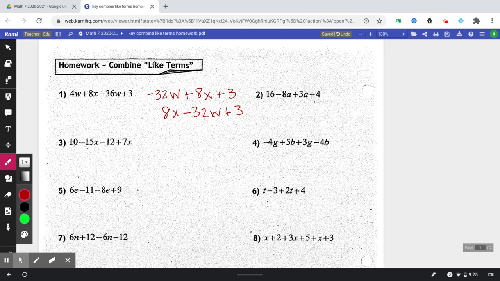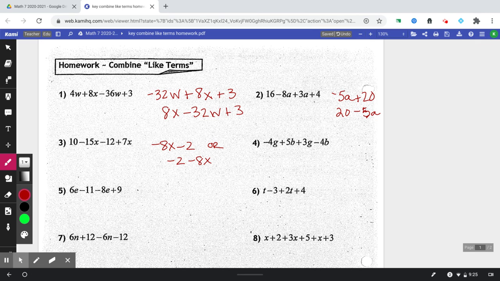Number two, the correct answer is negative 5a plus 20, or you could have 20 minus 5a. They mean the same thing. Okay. Number three, you could have negative 8x minus 2, or you can have negative 2 minus 8x.